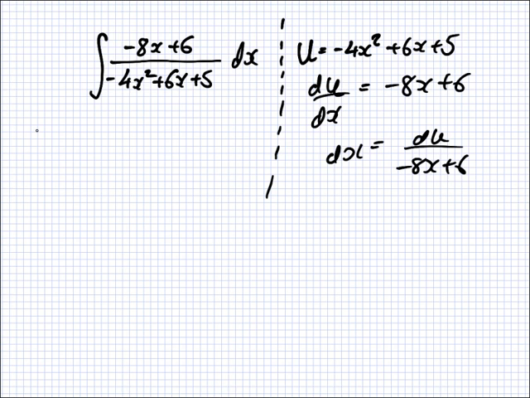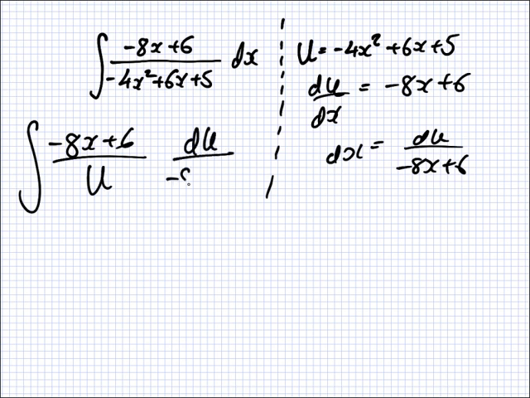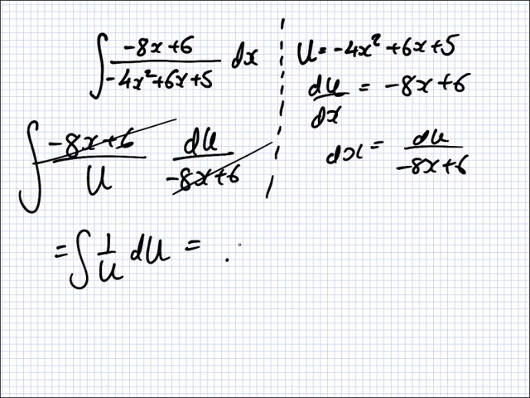We return to this question. We get integrate minus 8x plus 6 over u du over minus 8x plus 6. Now that's really nice, because what happens here? Yeah, that and that cancel. So you're left with integrating 1 over u, which is log u plus c.